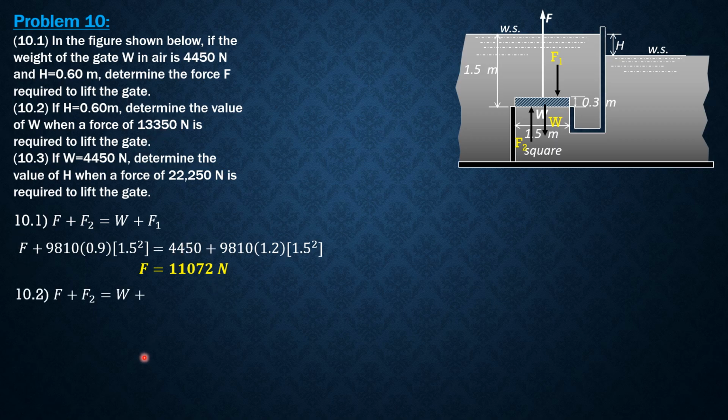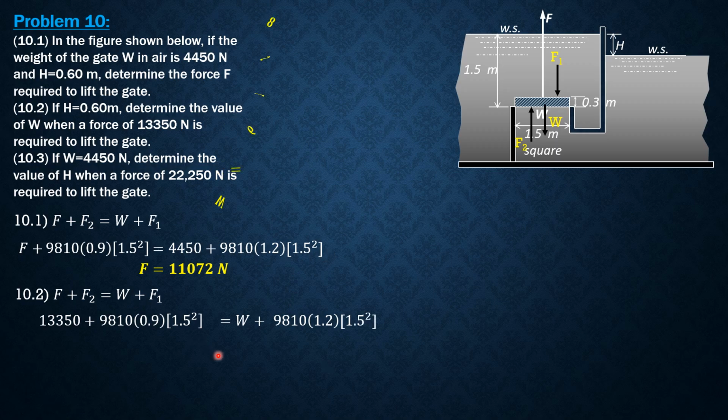Same equation, same terms for F2 and F1, except for F and W. So 13,350 plus F2, 9810 times 0.9 times 1.5 squared, equals W plus 9810 times 1.2 times 1.5 squared. Solving for W, W equals 6,728 newtons.